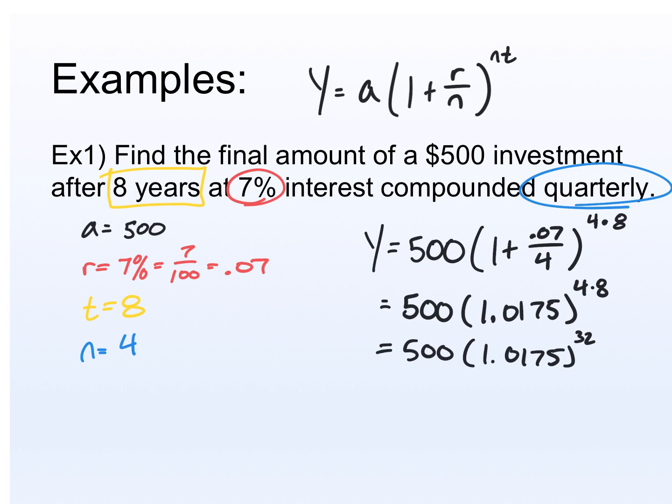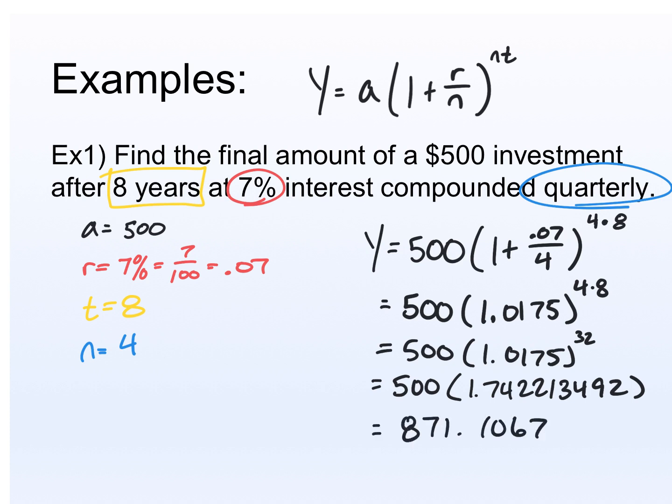So then if I raise that to the 32 power, I end up getting this long decimal, and I'm going to write it out just so you can reference this later. Then to finish this off, I multiply it by 500. And I get my final answer.